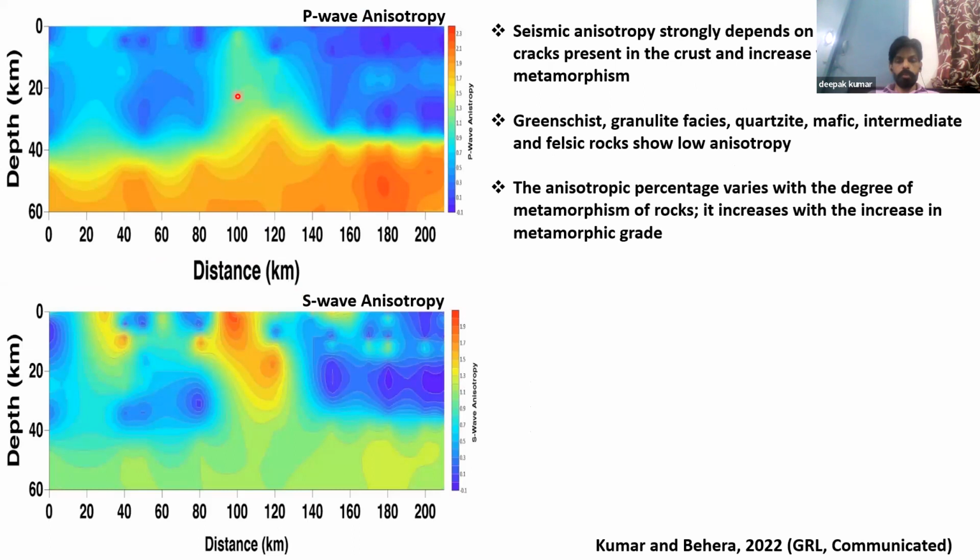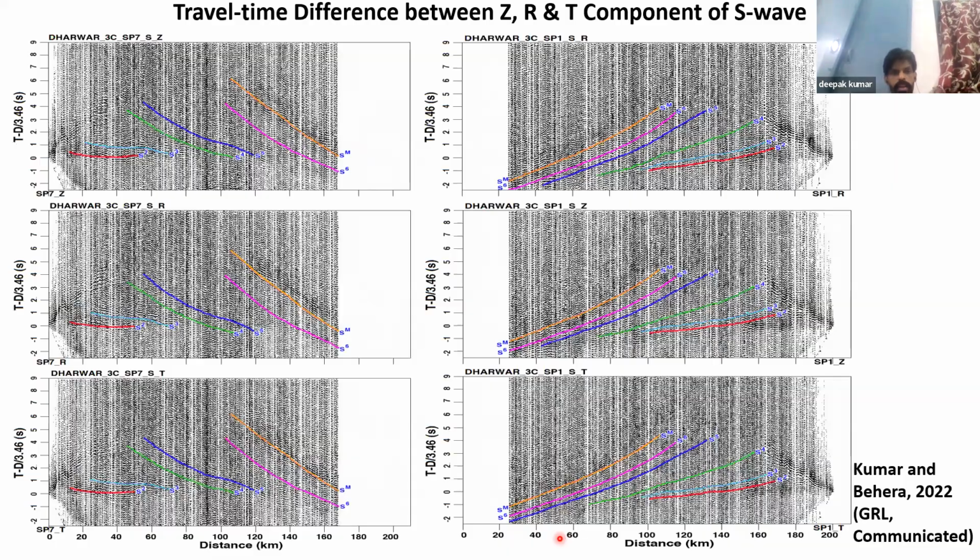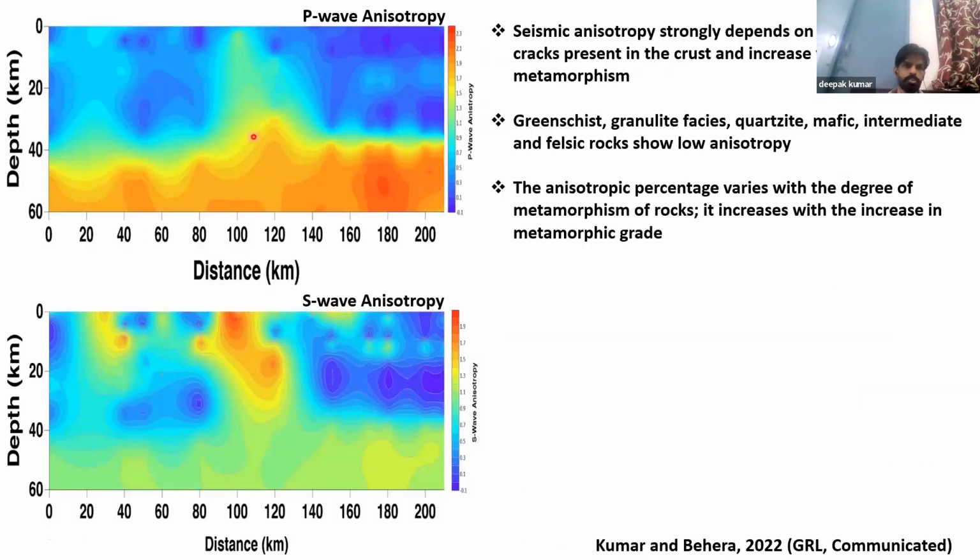From this formula, which I used for P and S wave, I computed the seismic anisotropy for P wave and S wave. We see that seismic anisotropy for S wave is very high compared to P wave, and S wave is giving much more structure than P wave.